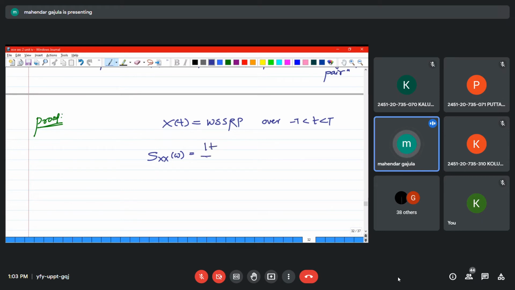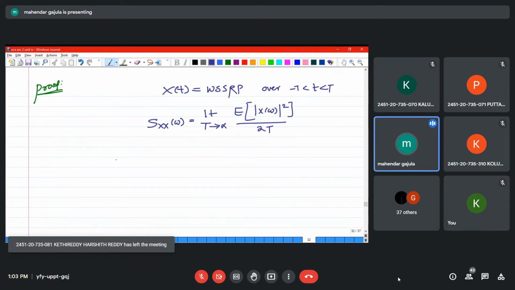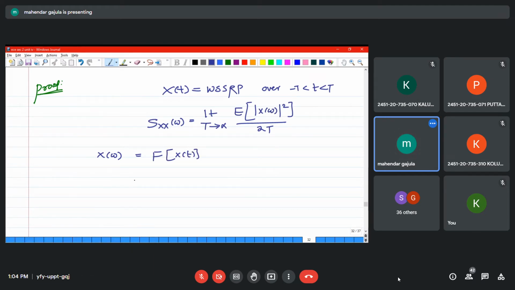Just now we have written the formula, limit T tends to infinity, expectation of mod X omega whole square by 2T. What is X omega? X omega is a Fourier transform of xt. So X omega is equals to integration from minus infinity to plus infinity xt e power minus j omega t dt.